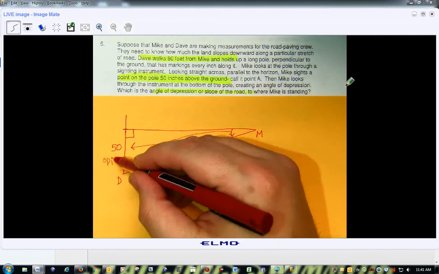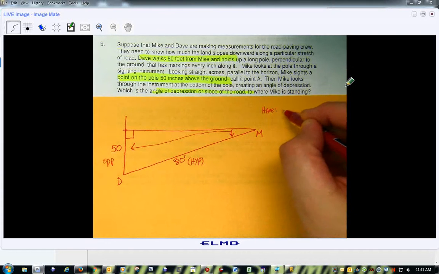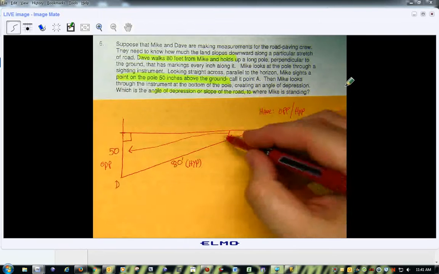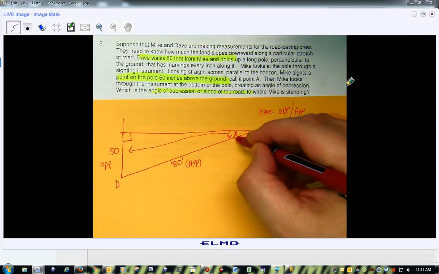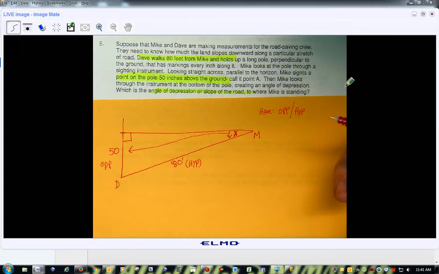Opposite. So I have the opposite side, and I have a hypotenuse. Let's just say the angle is x, because we're creative.